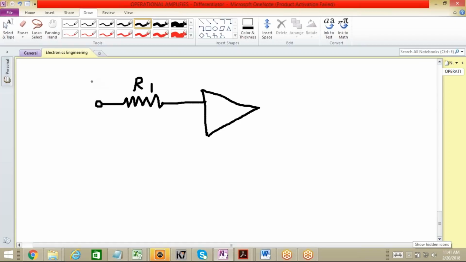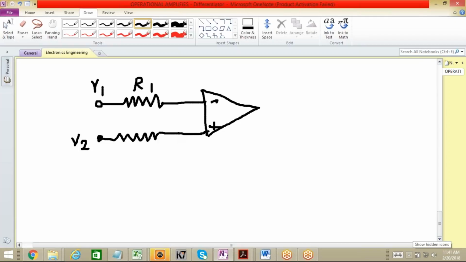Fine. And this is the voltage V1. Then we have another source of voltage, that is V2. This is applied to this resistance. This is the plus terminal. This is the minus terminal.